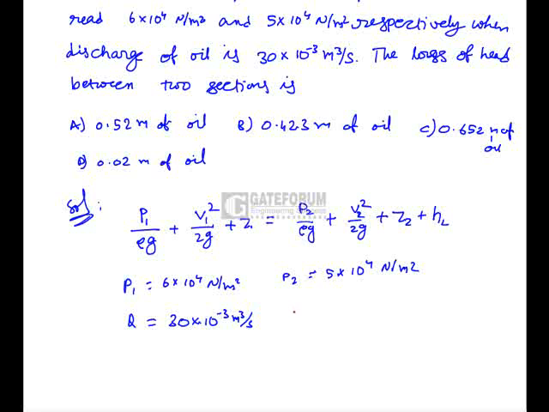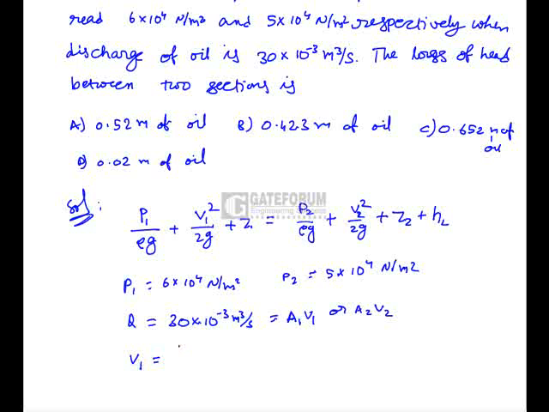So here the discharge of oil is given by A1V1 or A2V2, that is, area at section 1 times velocity at section 1, or area at section 2 times velocity at section 2. From this equation we can find V1 and V2.